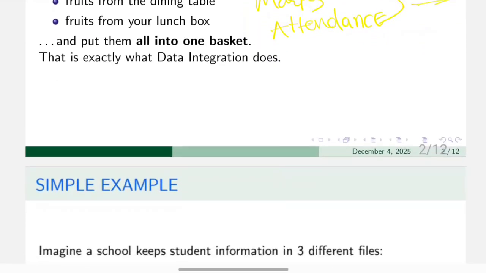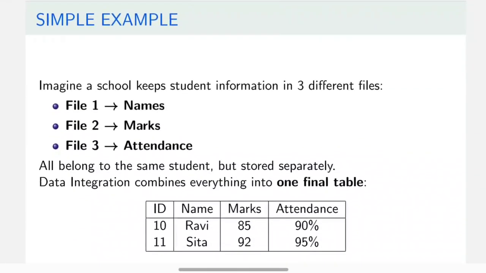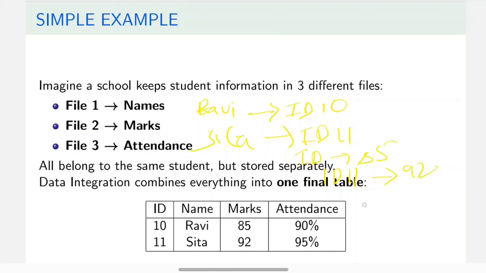Simple example. Suppose file one has Ravi with ID 10 and Sita with ID 11. File 2 has ID 10 with 85, ID 11 with 92, and file 3 has ID 10 with 90%, ID 11 with 95%, let's say.